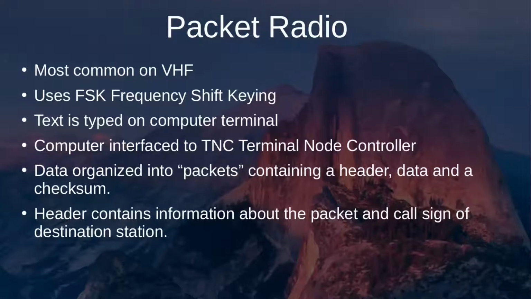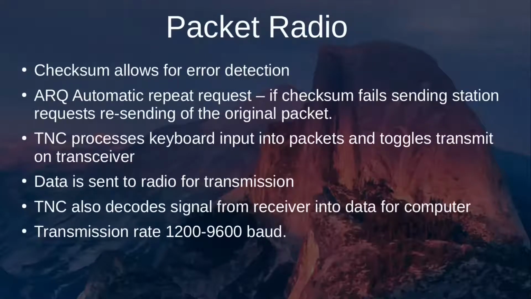However, that packet has more information than just the data. It contains the destination of where that packet needs to go, and it also contains something else called a checksum. That checksum essentially allows for error detection. So if the receiving station has a checksum that doesn't match the original one that is sent with the original message, it says, hold on a minute, something must have gone wrong.